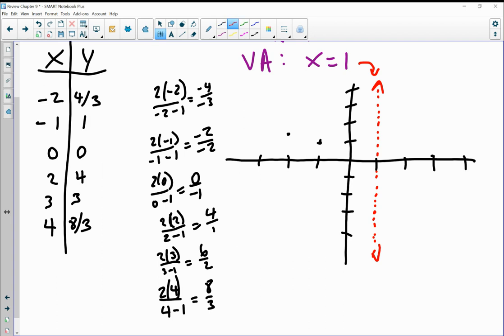Right, let me change color here so it stands out. 2, 4 would be up here. 3, 3 here, and then 4, 8/3. So 8/3 is a little bit under 3.